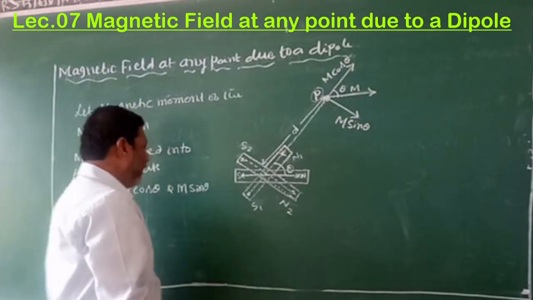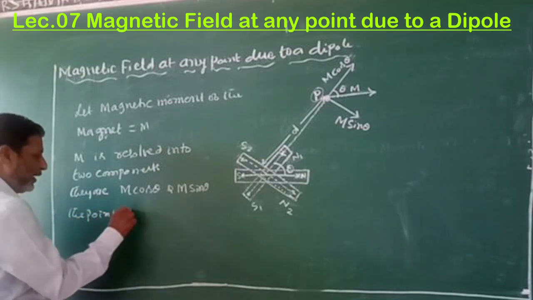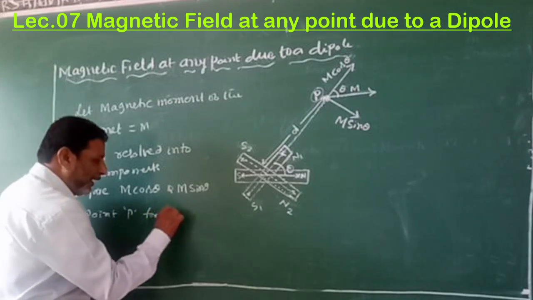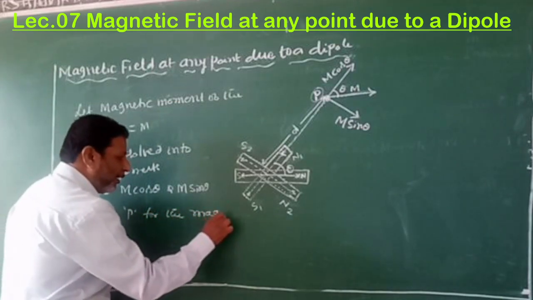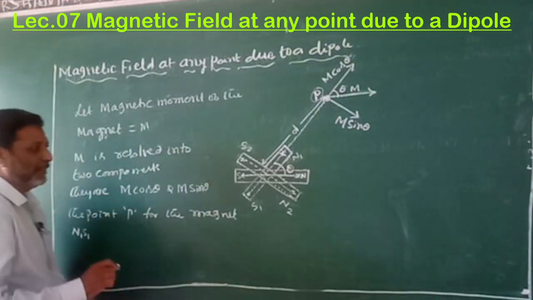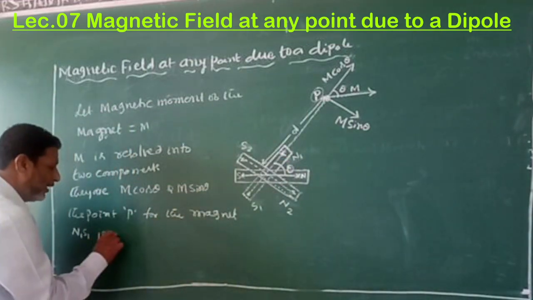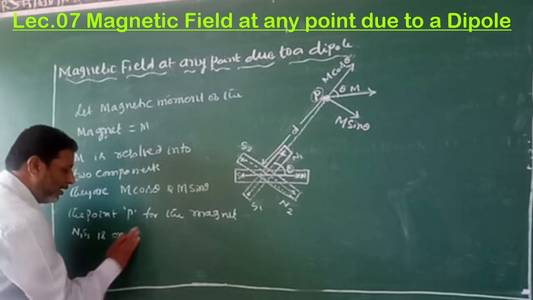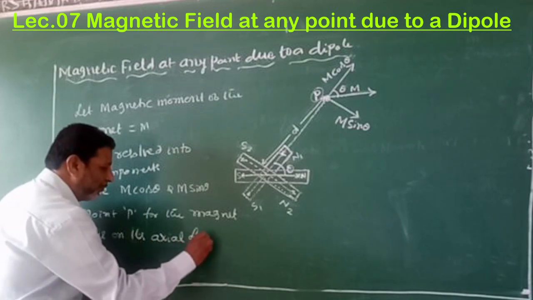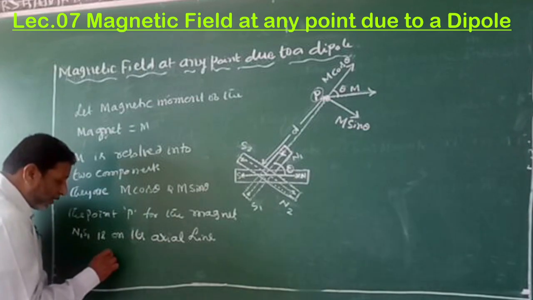Now, what is the field on the axial line formula?